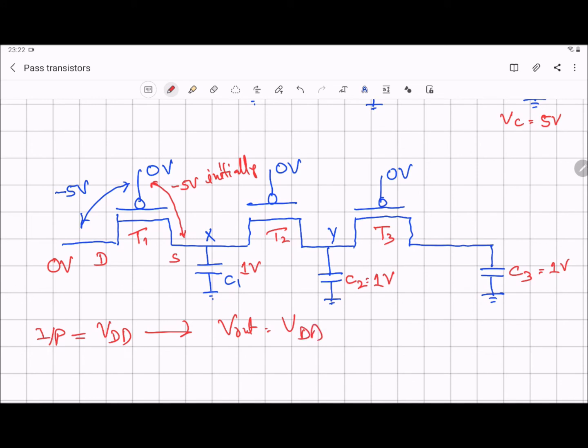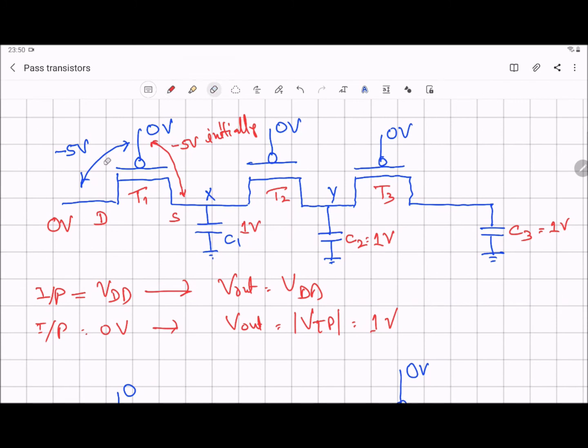If I am applying input 0 volt, it will give me V out is equal to VTP, which is equal to 1 volt.